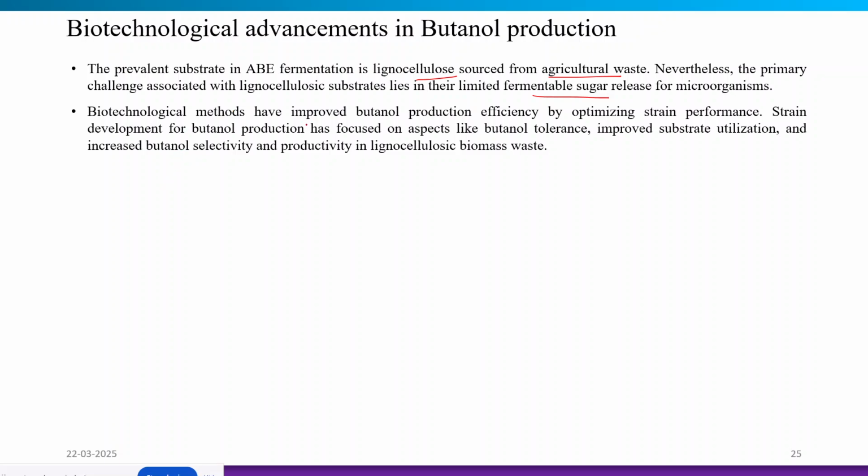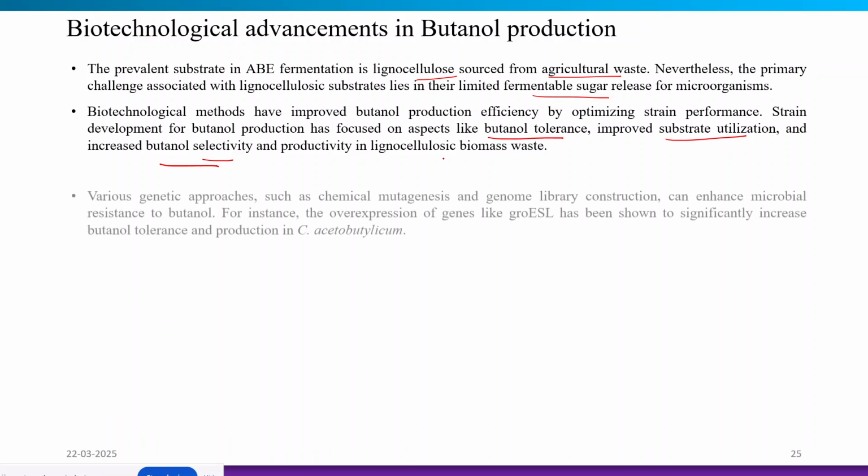So there are biotechnological methods that have improved butanol production efficiency by optimizing strain performance. Strain development for biobutanol production has focused on aspects like butanol tolerance, improving substrate utilization, and increasing butanol selectivity and productivity in lignocellulosic biomass waste.